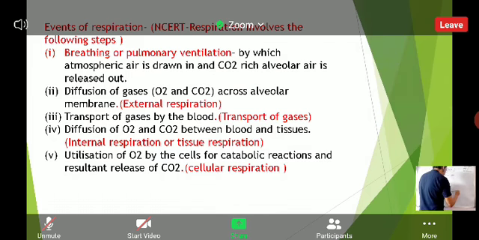That is the transportation of gases. At the level of tissue, O2 is coming, CO2 is going, so it is the tissue respiration. And now this O2 is used for the breakdown of glucose and for the production of energy. So this is known as the cellular respiration.